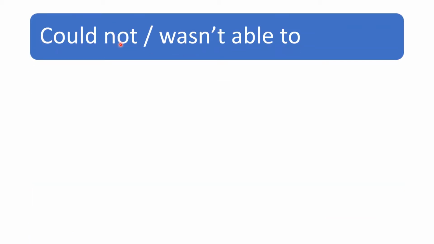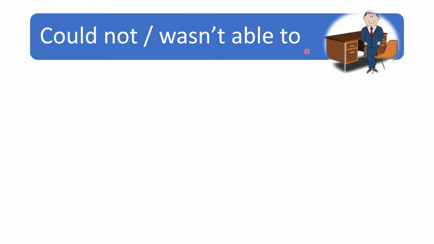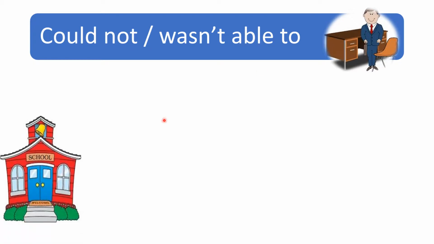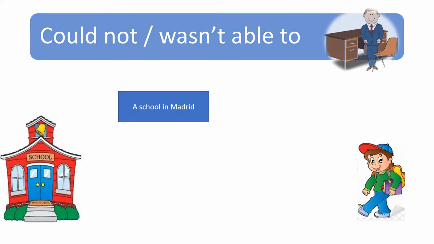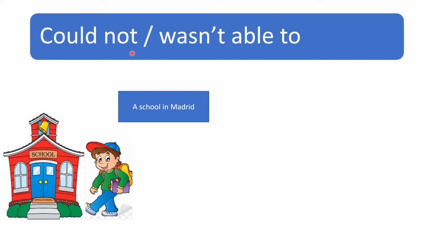The next modal is couldn't and wasn't able to. We just saw could and was able to. Now let's look at the negative. The manager. His school in Madrid. When he was a student, what did he do? Couldn't or wasn't able to.